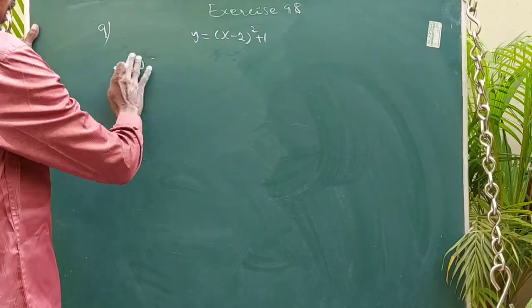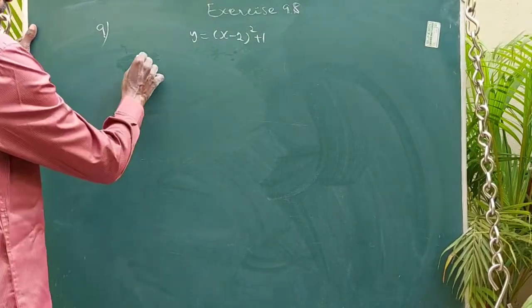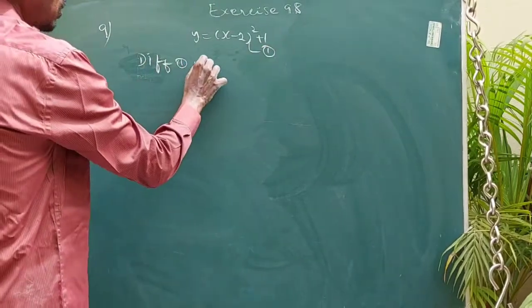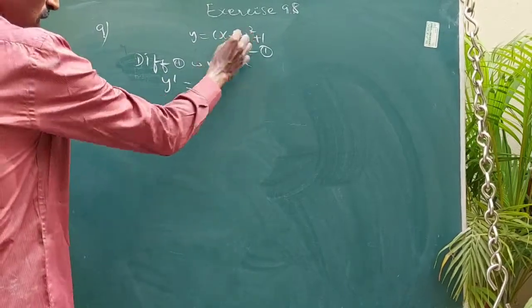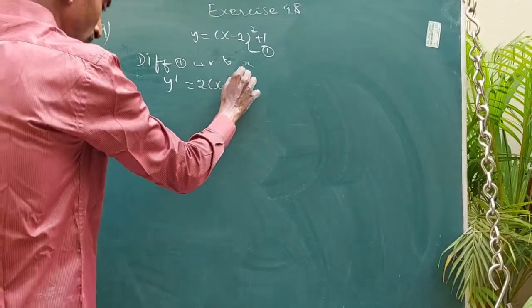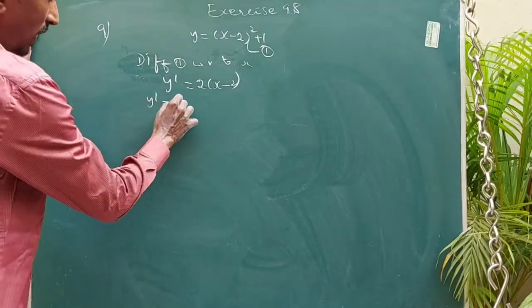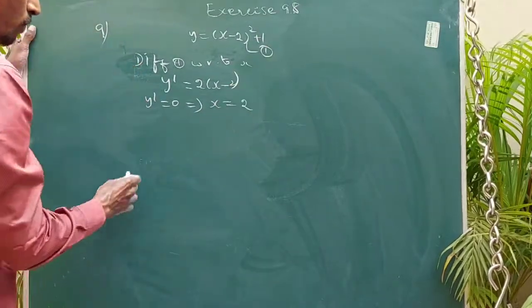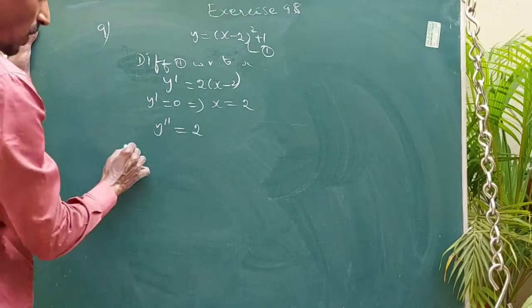So the given curve is y equal to (x minus 2) the whole square plus 1. Differentiate with respect to x. So y dash equal to 2 into (x minus 2). Equate the first derivative to 0, which implies x equal to 2. What is the second derivative? 2, so it is always positive.